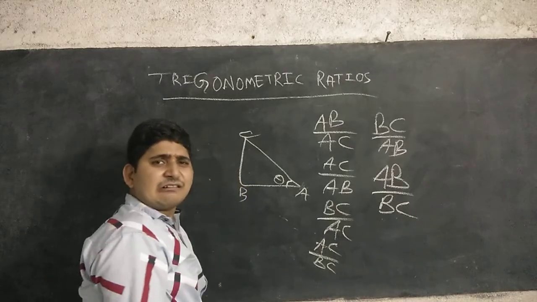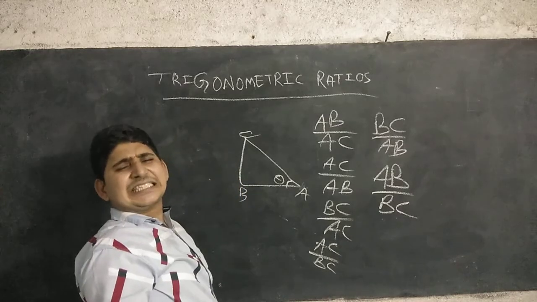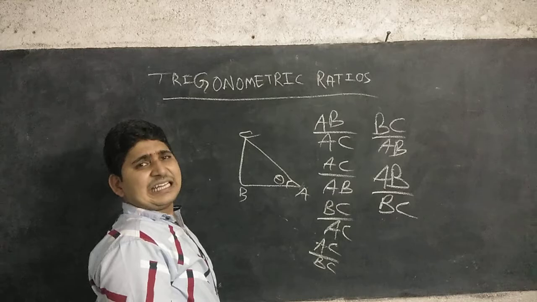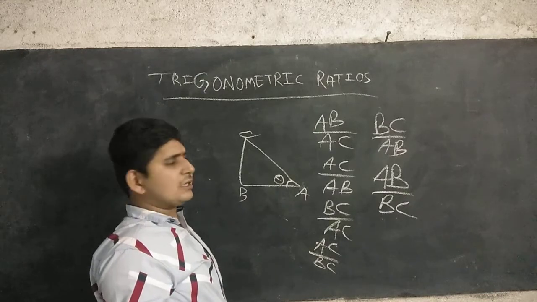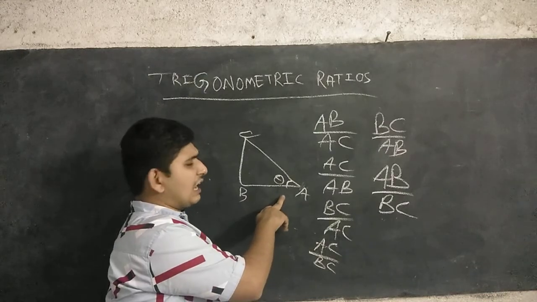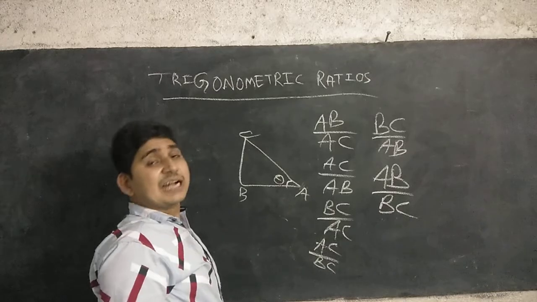So there are 6 trigonometric ratios. There are 6 different trigonometric ratios based on the position of the unknown angle.